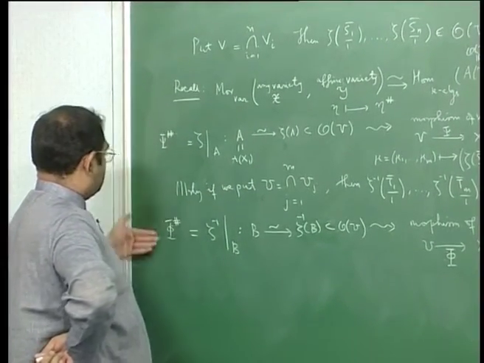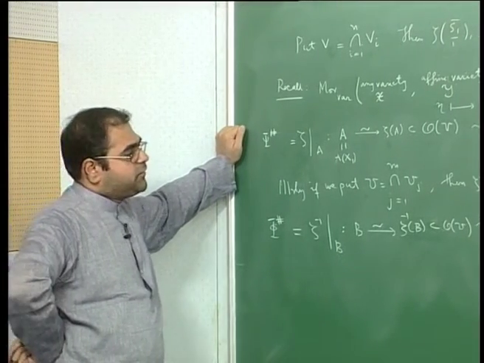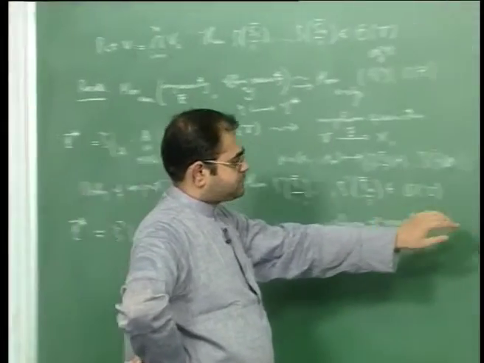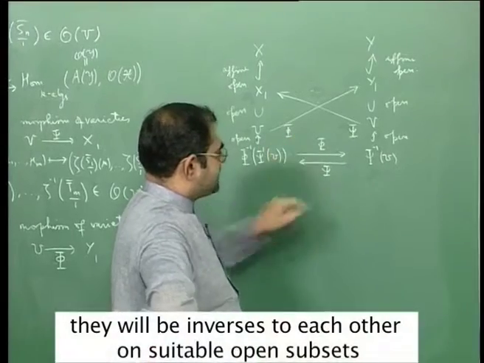That follows from the way we have constructed them, and therefore you get these maps and they will be inverses to each other.